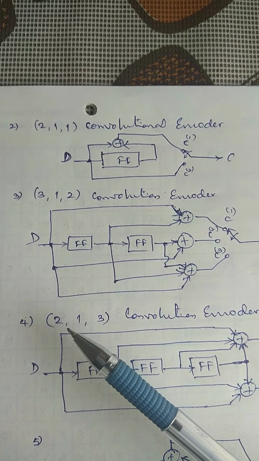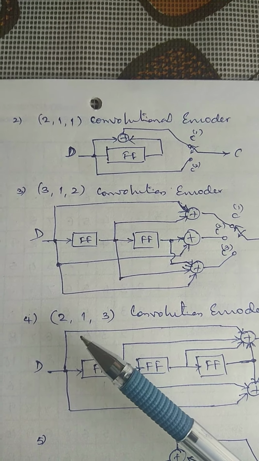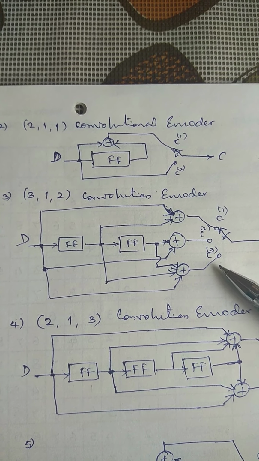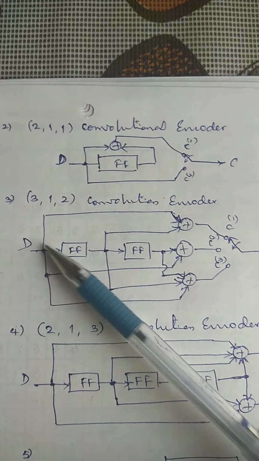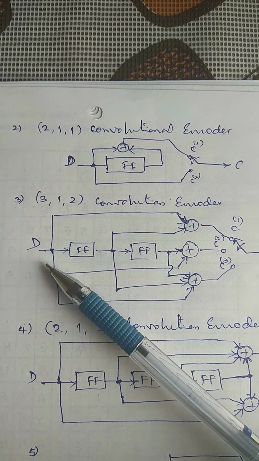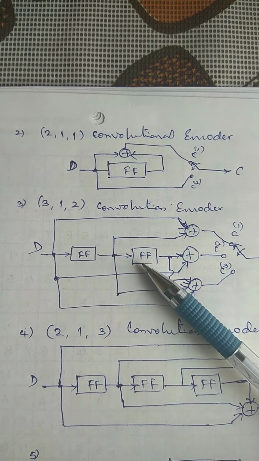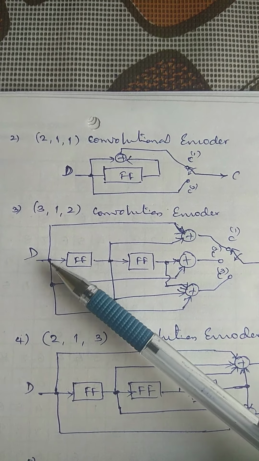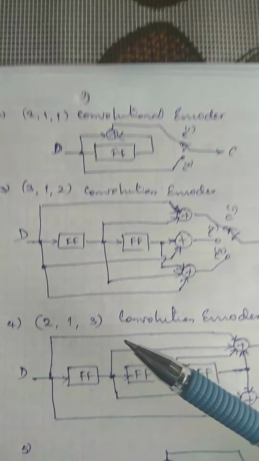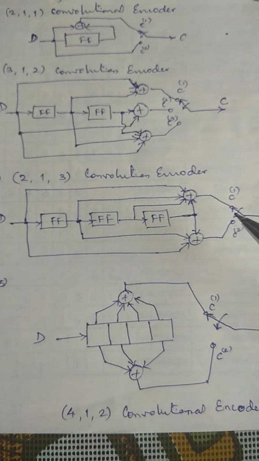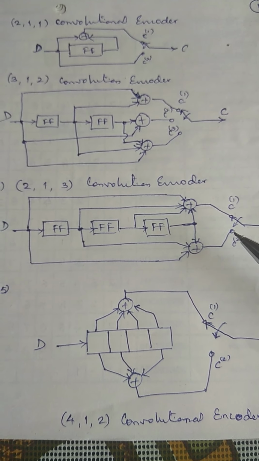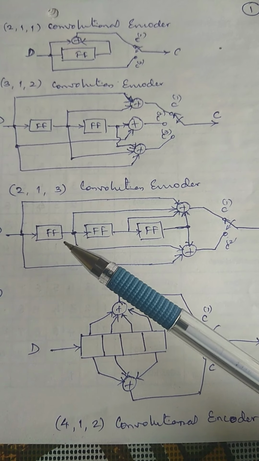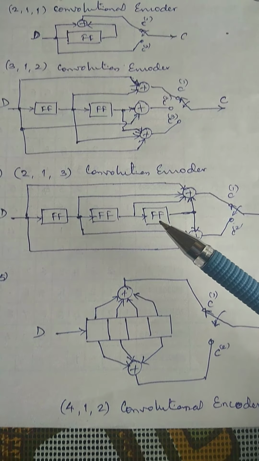Likewise, a 3-1-2 encoder: 3 bits are generated per unit time, only one message bit is inputted per unit time, and there are 2 flip-flops, so m equal to 2. Likewise 2-1-3: 2 bits are generated per unit time, k equal to 1 and m is 3 flip-flops.